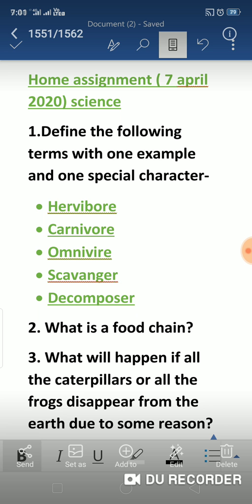Our next question is, what will happen if all the caterpillars or all the frogs disappear from the earth due to some reason? Definitely the snake, eagle, and many others will get affected.